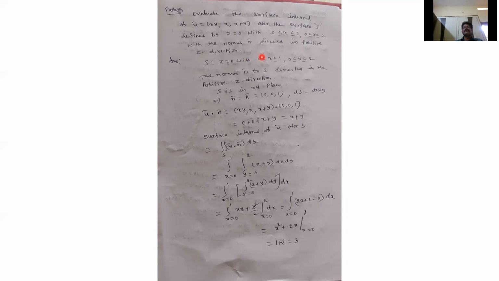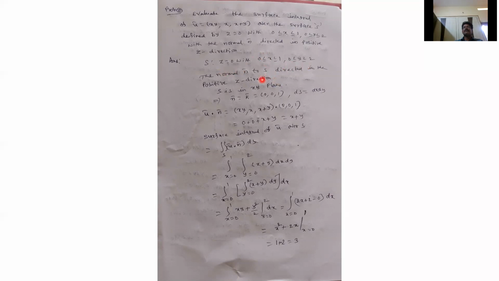So here S is z equal 0, that is the xy plane. S is a surface in the xy plane, a rectangle, that is x equal 0, x equal 1, y equal 0, and y equal 2.